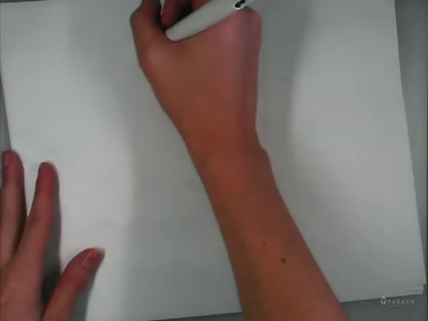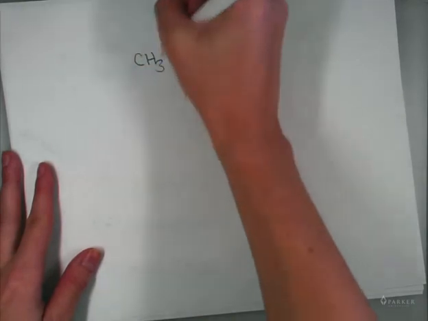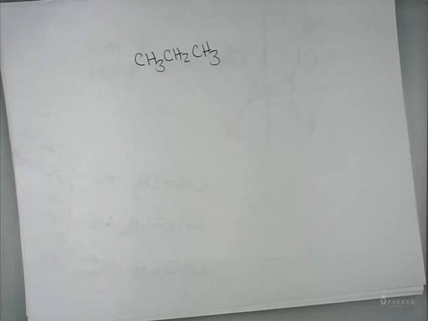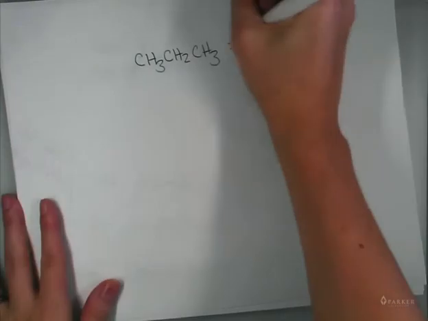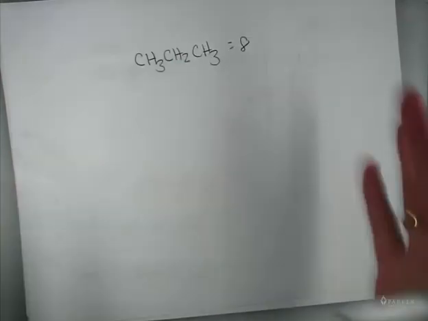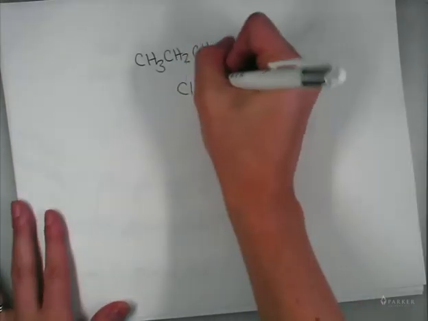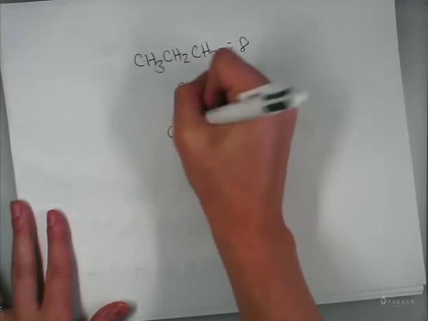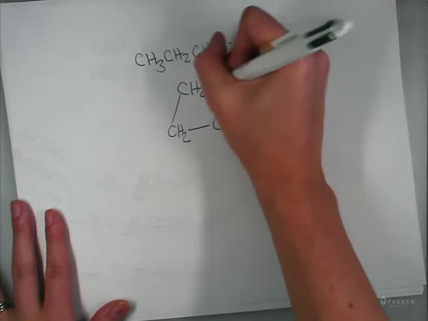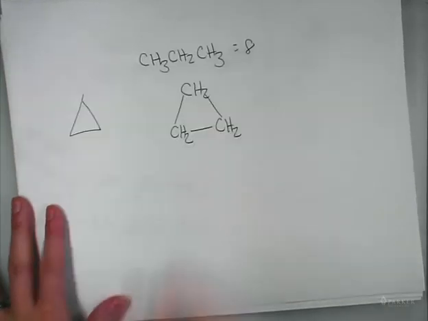So let's look at propane. CH3, CH2, CH3. So how many hydrogens here? 8. Now I'm going to draw a cyclopropane. So still 3 carbons. CH2, CH2, CH2.